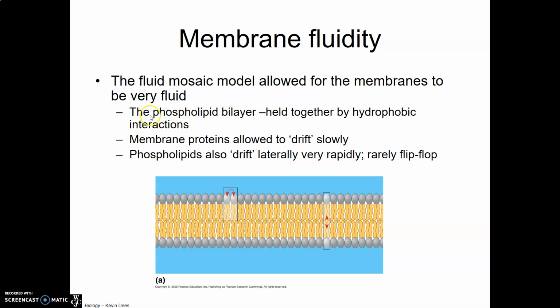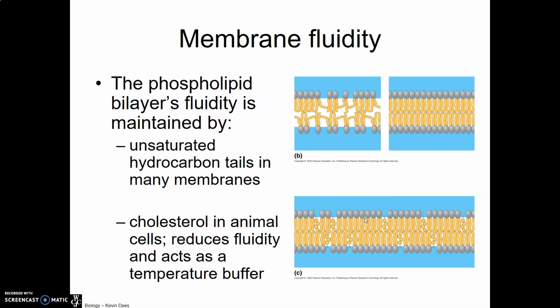Of course, the phospholipid bilayer itself is held together by the hydrophobic interactions of these fatty acid tails whenever we're in an aqueous environment. And these membrane proteins are allowed to drift or move laterally, but they very rarely flip-flop from side to side. So think of this as sort of being very motion-like, and it can move and absorb a lot of stress as the cell's membranes undergo some of this stuff.